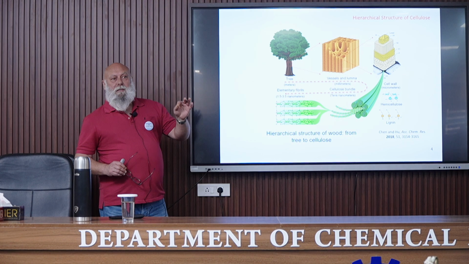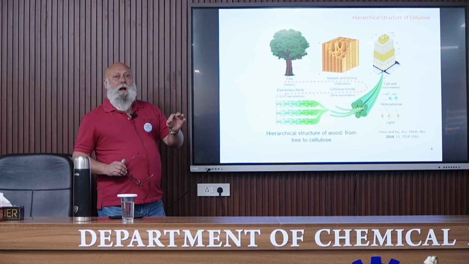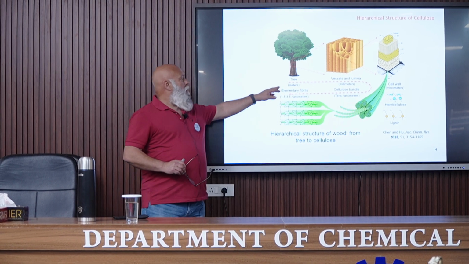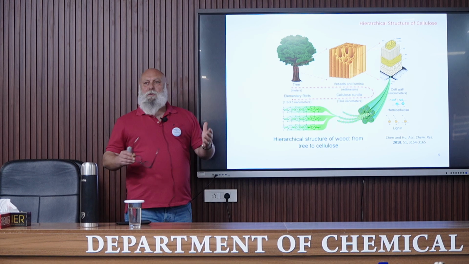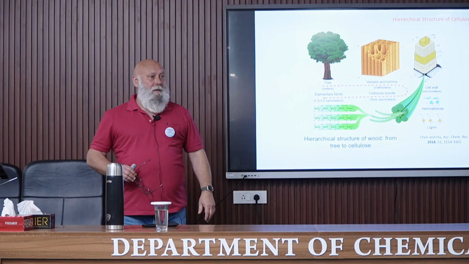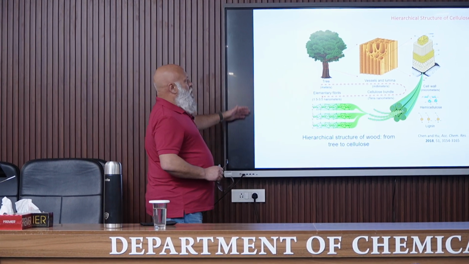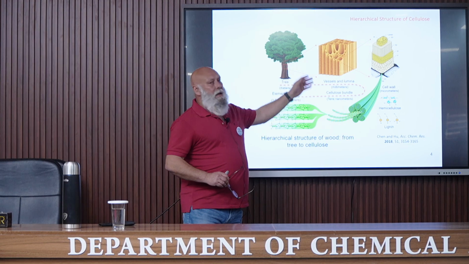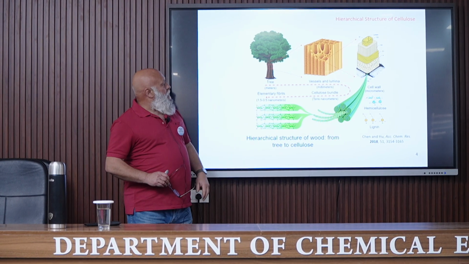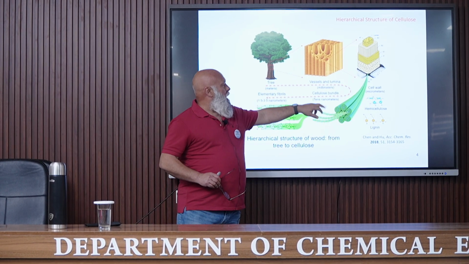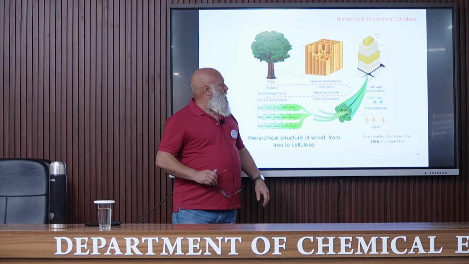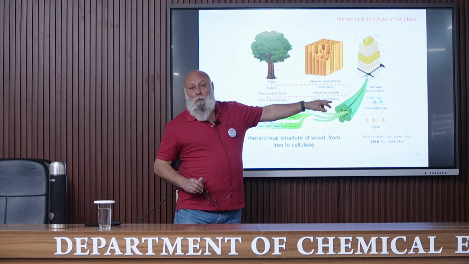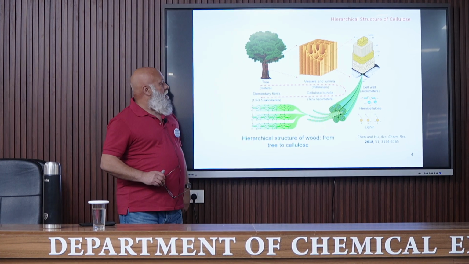meaning that we can see this material at different levels of observation from the tree. So the representative scale is the meter, and we can decrease or observe closer this material up to vessels and lumina, which is in the order of a millimeter, the cell wall that we described yesterday.